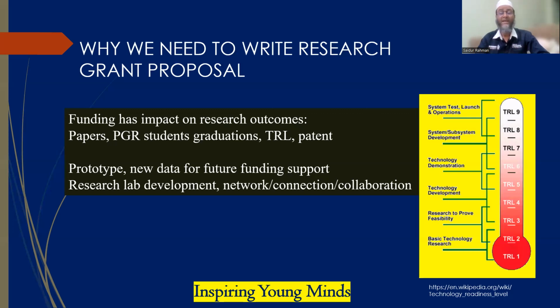So if we have funding, if we have research grants, if we have students through these, basically we can slowly plan and address the technology readiness level. That is, as you can see, we can start from one and we can go up to a higher level through different funding mechanisms. So funding actually will not only help to publish papers, to supervise students, to recruit research assistants, to build a lab.